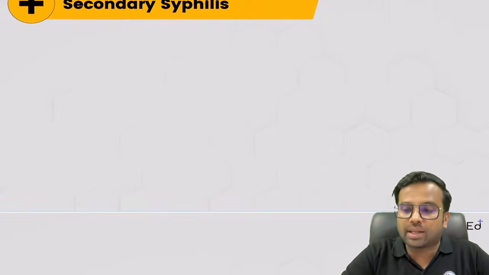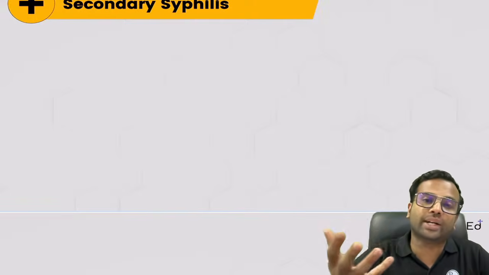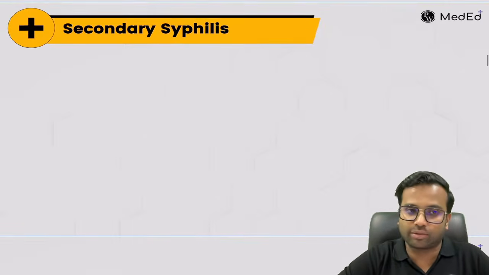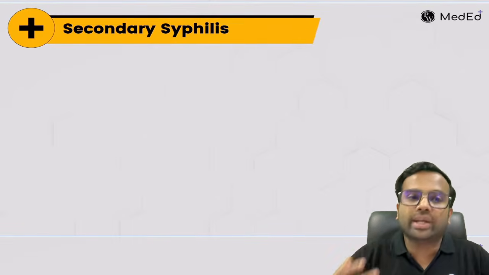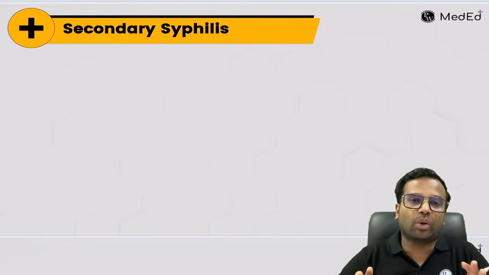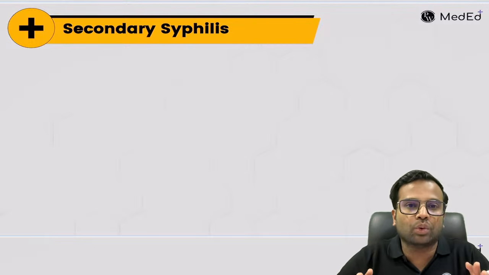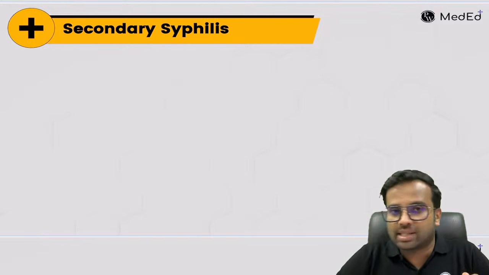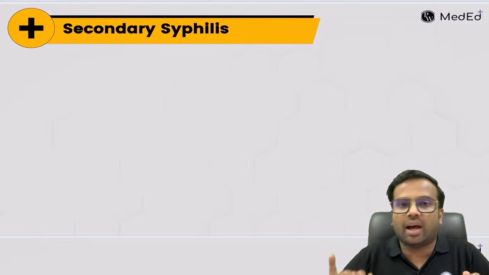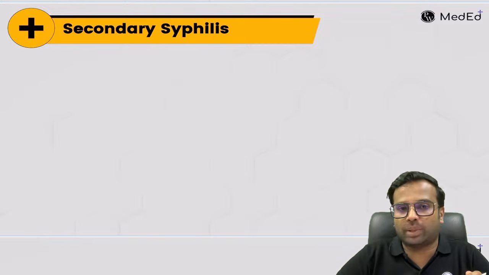I'm going to mention the difference between primary and secondary syphilis. In primary syphilis, the patient will present with a painless ulcer in the genitalia and an inguinal lymphadenopathy.